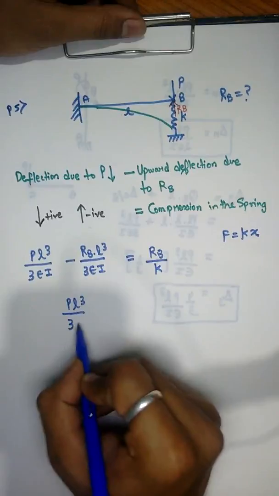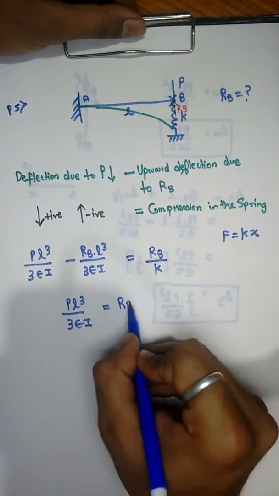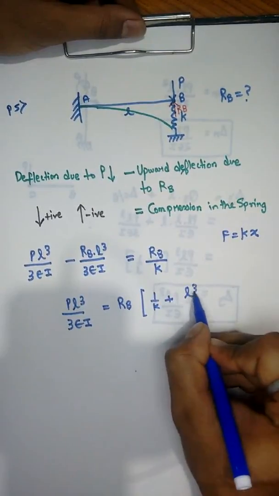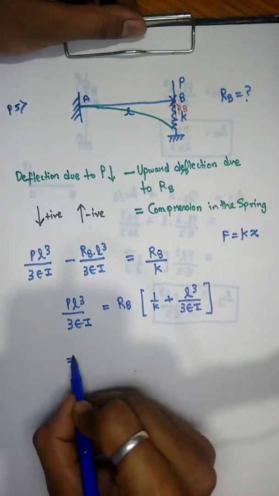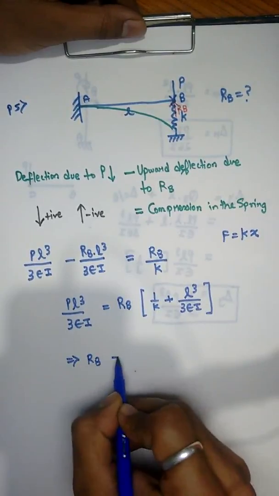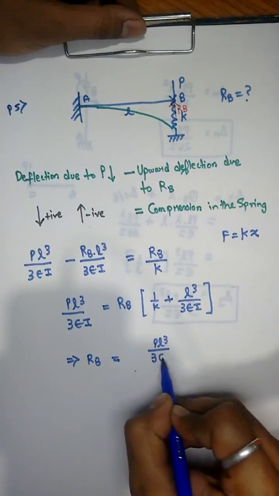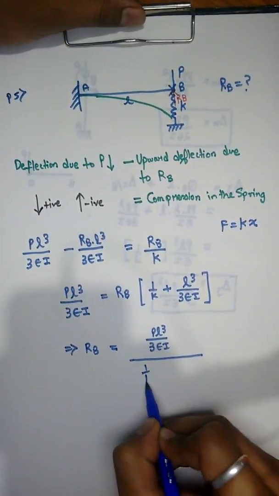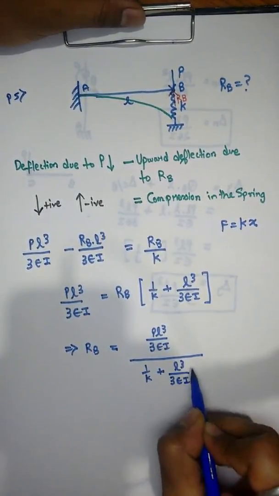From here we find out the value of RB. PL cube upon 3EI is equal to RB into 1 by K plus L cube upon 3EI, which will give RB is equal to PL cube upon 3EI upon 1 by K plus L cube upon 3EI.